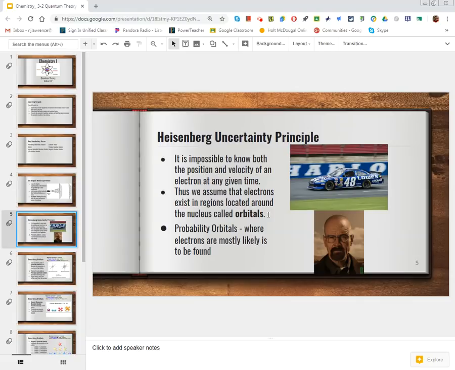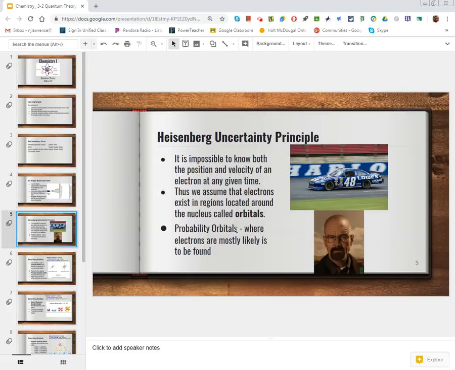So instead of having an accurate picture of where electrons are, we actually come up with what's called orbitals. These are regions where we assume that the electron can exist, and where if we were to take a picture, we would most likely find the electrons to be at. So you might also hear this term orbital referred to as probability orbitals.